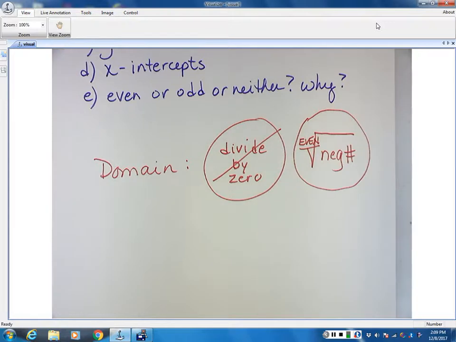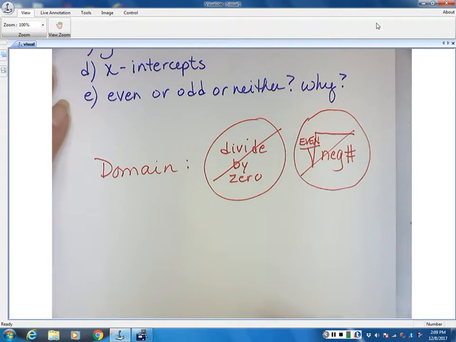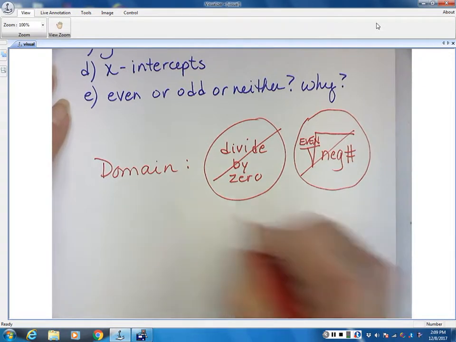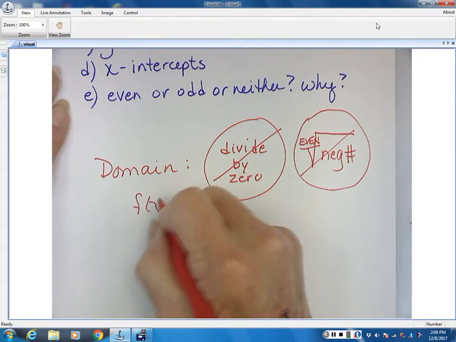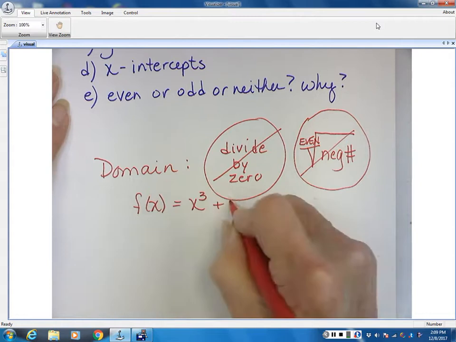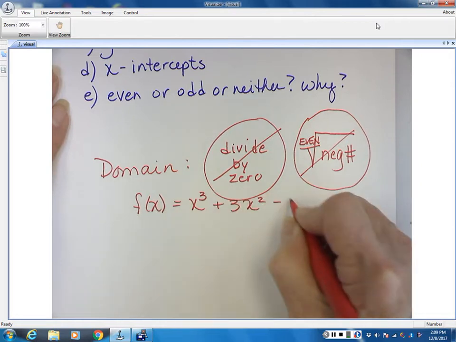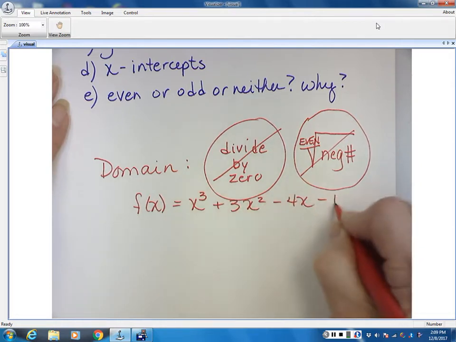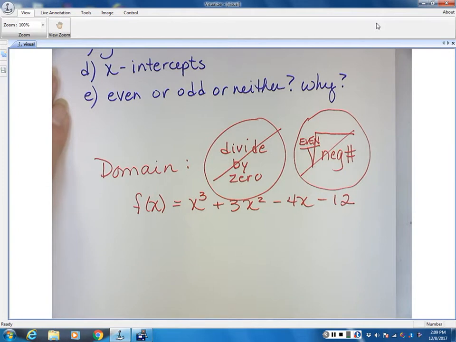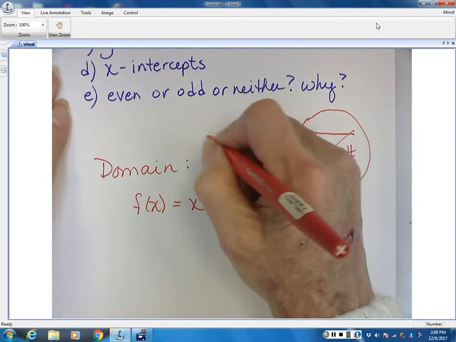So the function that we're looking at: there is no division going on here anywhere, so we don't have to worry about that.